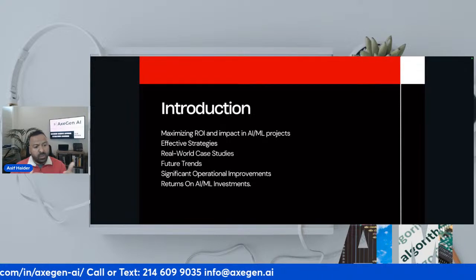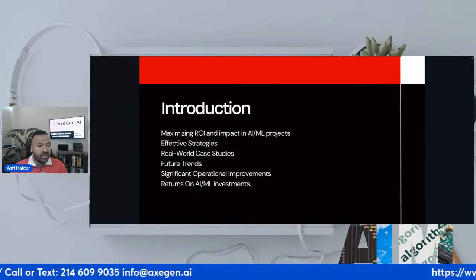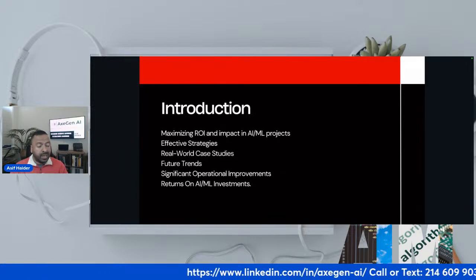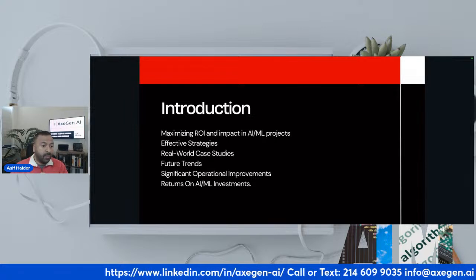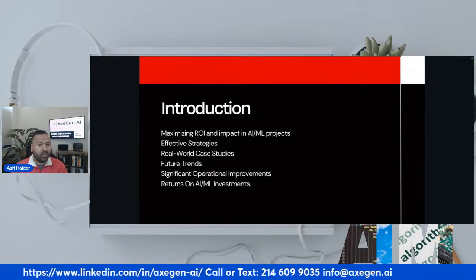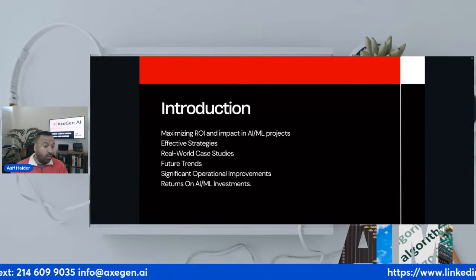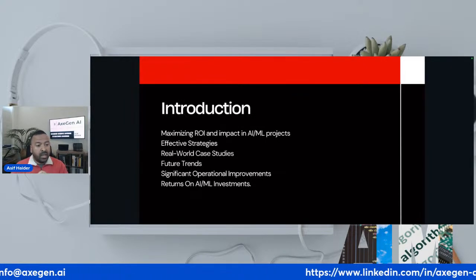So I'll talk a little bit about the real world case studies, which I hope you will find interesting, because what you see right up front is not necessarily what you deliver on day one. There are version iterations that you have to work with in order to have these case studies become part of your reality and your day-to-day operation, or the demand signals that you're meeting with your endpoint users.